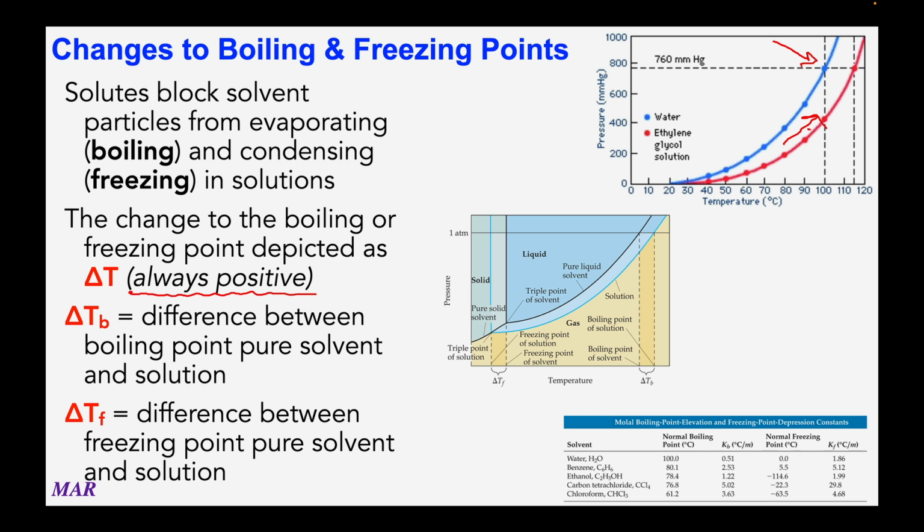So if you keep going on the red line over to that point, you can see that the solution then has a boiling point which is more like 115 degrees. So what this means is your boiling point of the liquid, the solvent, will be higher in the solution than it was with the pure solvent. So we'll talk here in a little bit about how boiling points are elevated. Boiling points will be higher in a solution than they will be if you had pure solvent. So water boils at 100 degrees Celsius. Ethylene glycol plus water will boil at 115 or so.